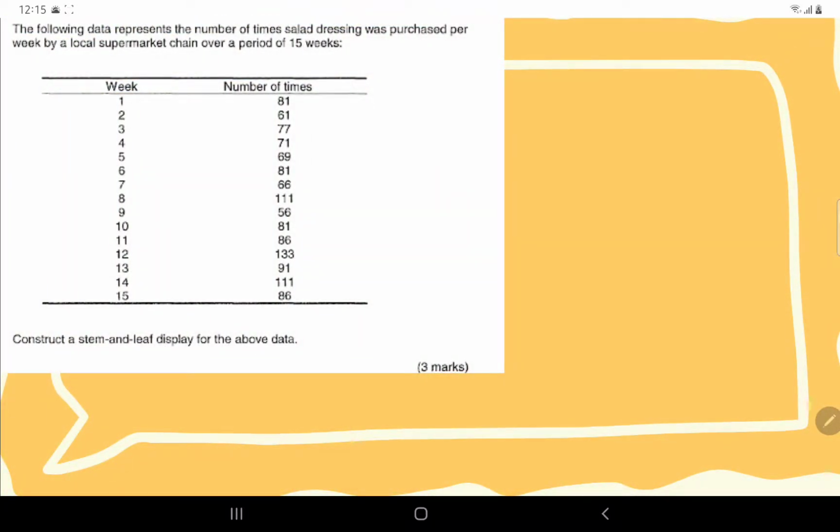For example, we need to display the following data with a stem and leaf plot. Here our data is 81, 61, 77, 71 until 86. First, we need to arrange the data in order form. We begin with 61, and then 71.